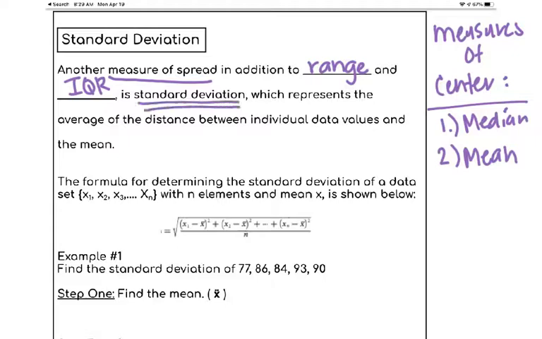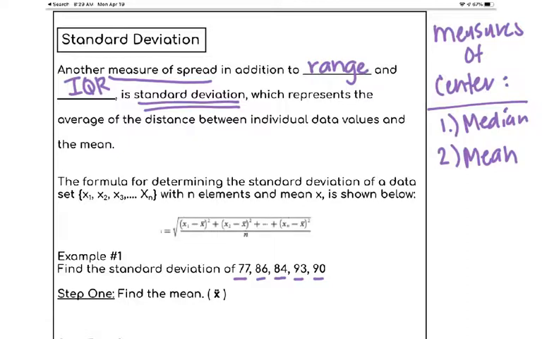And standard deviation just represents the average of your distance between the individual data values and the mean. So the difference between 77 and the mean or 86 and the mean. Okay, you're finding the average of all of those.